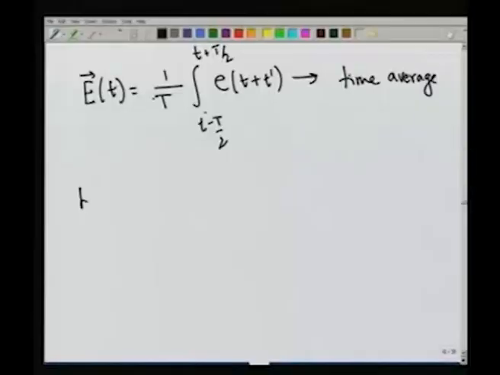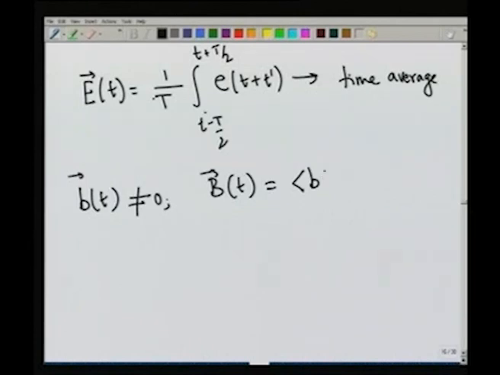Therefore, what we are trying to say is that the microscopic B of t is not equal to 0, but the time average of B of t, which comes from a similar definition, I shall write with the notation used by the probability people, will turn out to be 0.